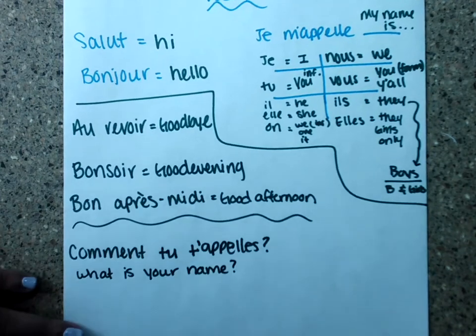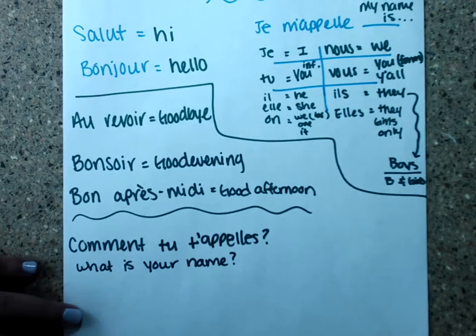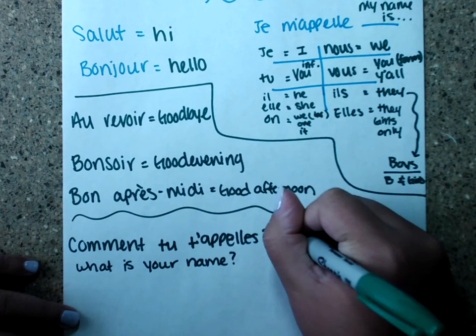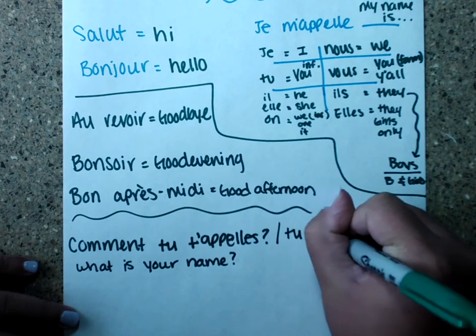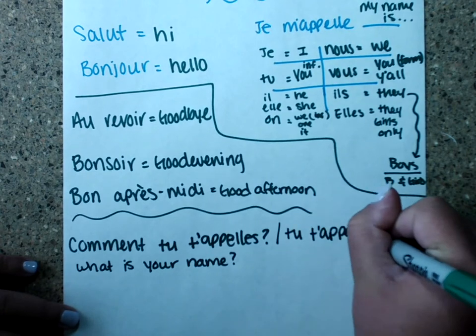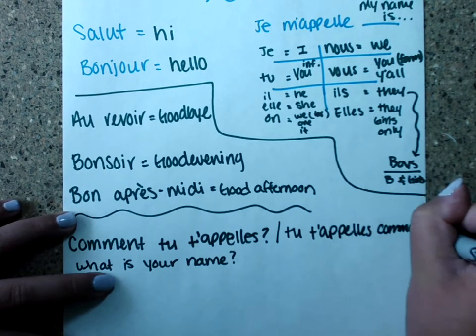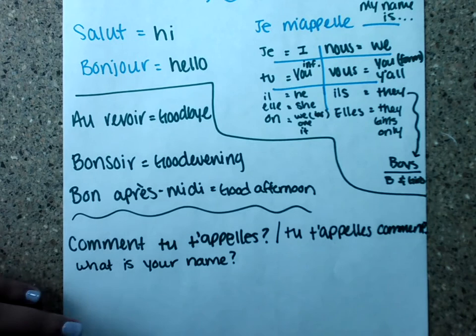What is your name? So we have comment tu t'appelles, what is your name? There's another way to say this too. You could say tu t'appelles comment. And you just kind of switch things around.